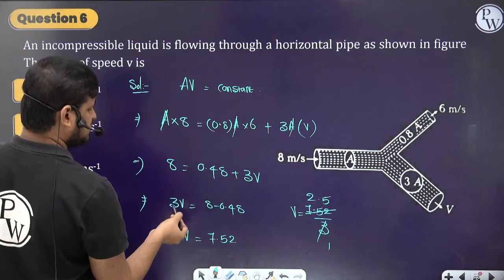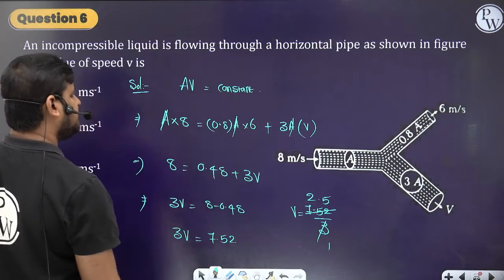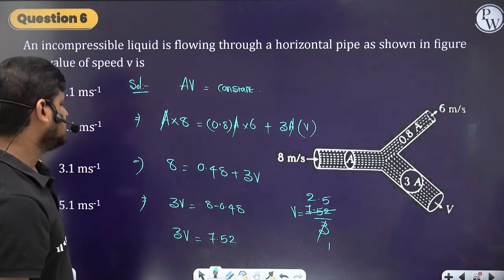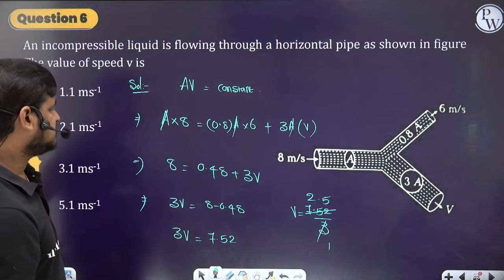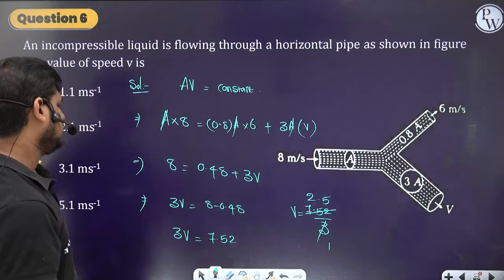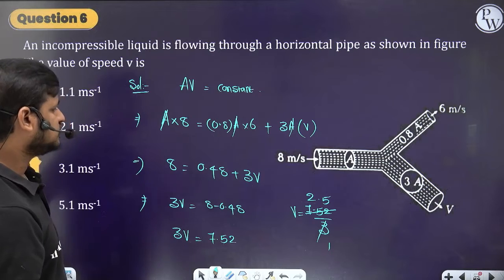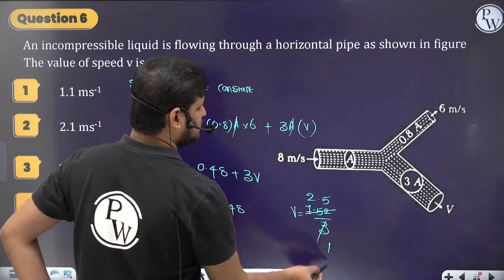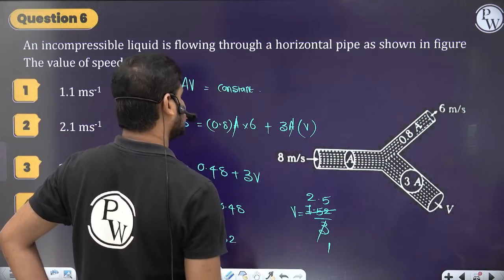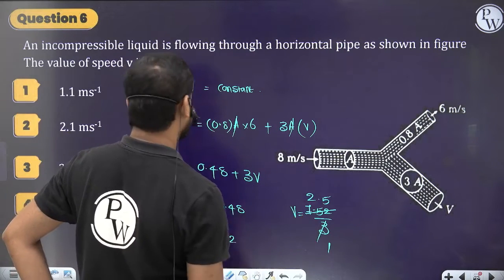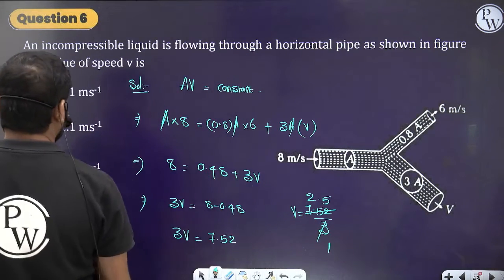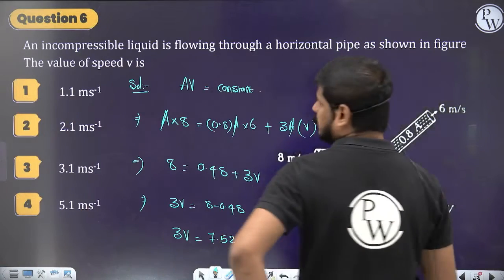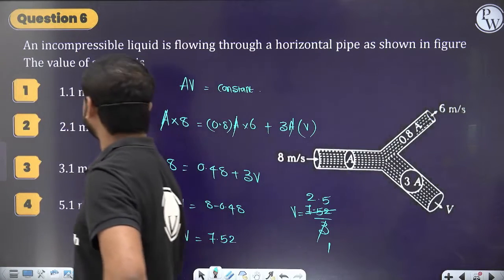So 3V is equal to 8 minus 0.48, which is 7.52. Correct. So then V is equal to 7.52 by 3, which comes out to be something around 2.5. But there are two close options which we can consider.